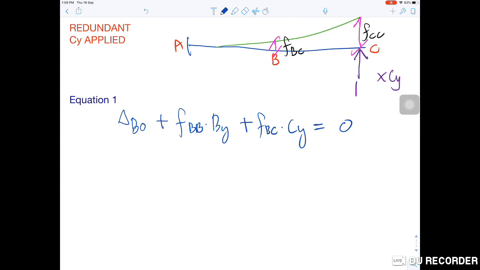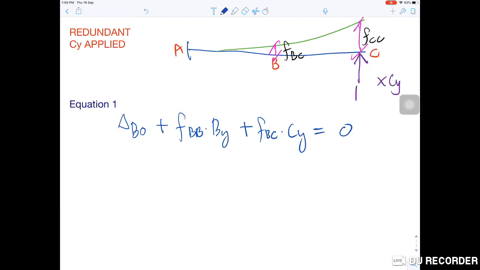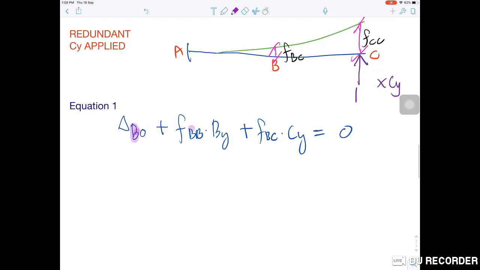Remember that this equation is based on the position of redundant number 1, which is at position B, and here the first notation is for the redundant position.